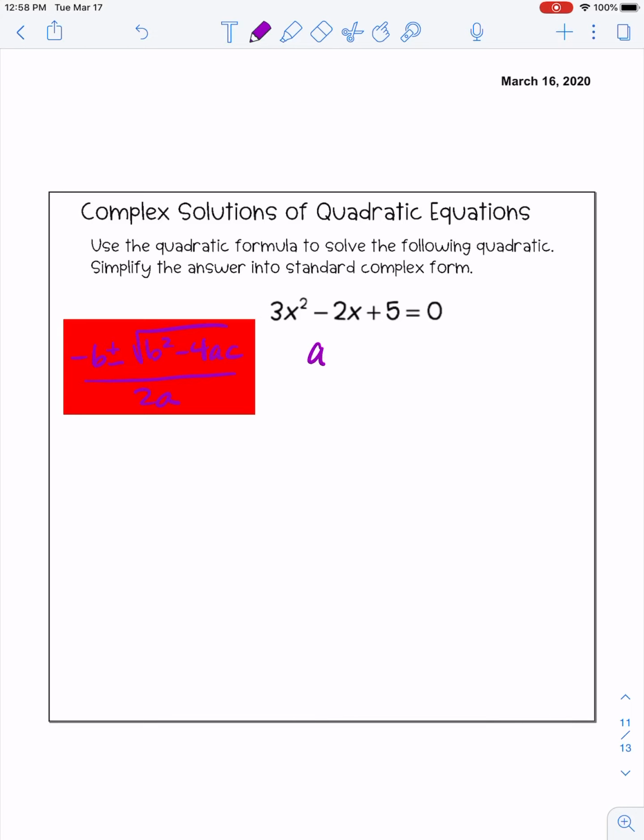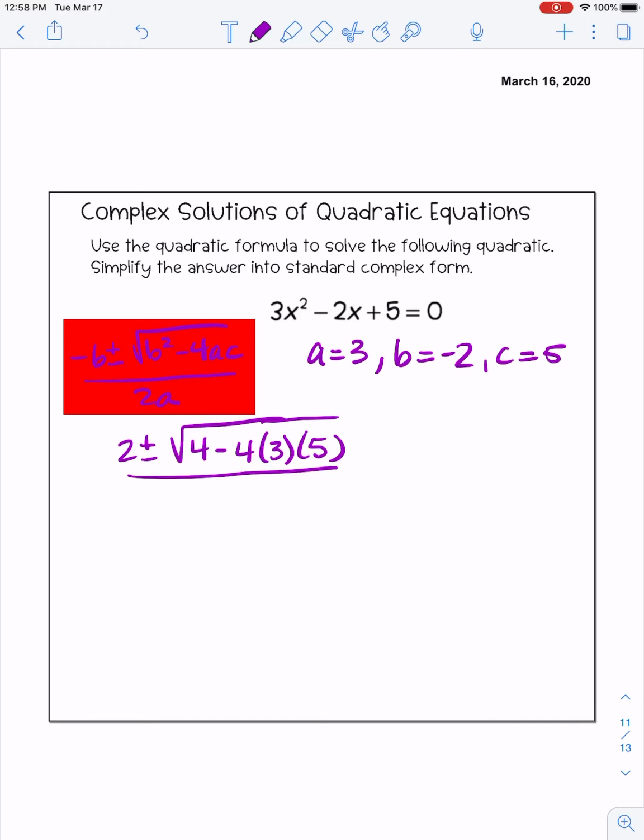So in this situation, my a is 3, b is negative 2, c is 5. I'm going to substitute all those things in. So it's going to give me negative times negative 2 is positive 2, plus or minus the square root of b squared, which is 4, minus 4 times 3 times 5, all over 2 times 3.